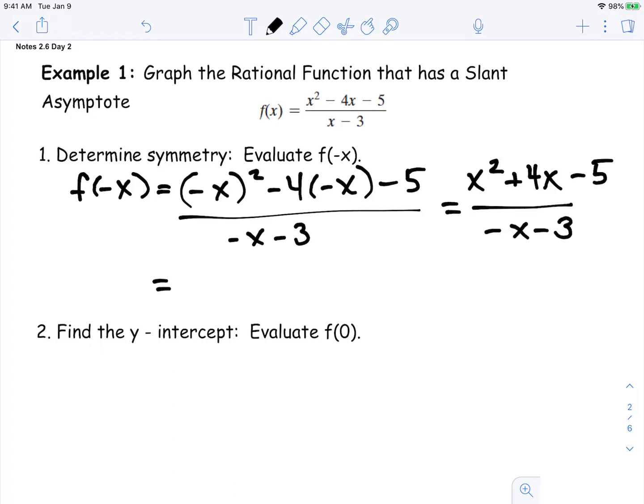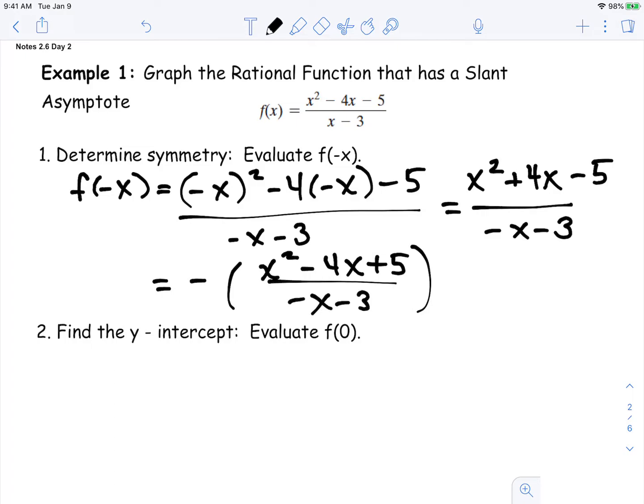We're going to go ahead and take out a negative 1. And we do not have symmetry. We don't get our original function back or our original function with a negative out in front.